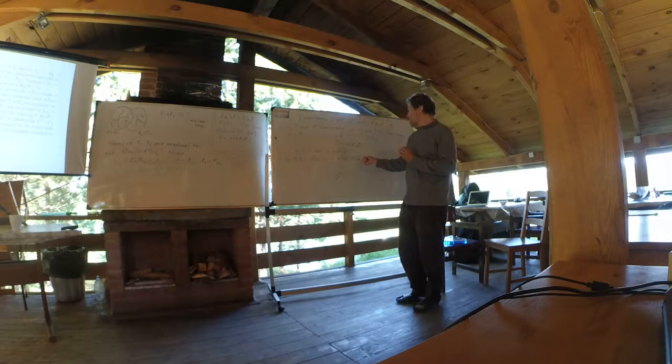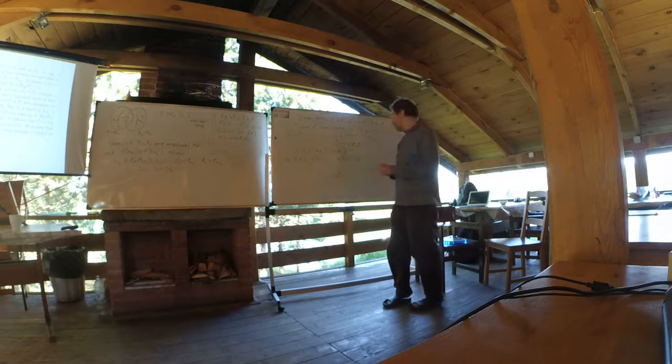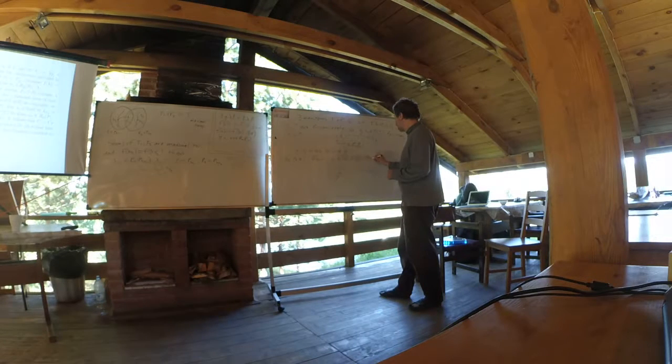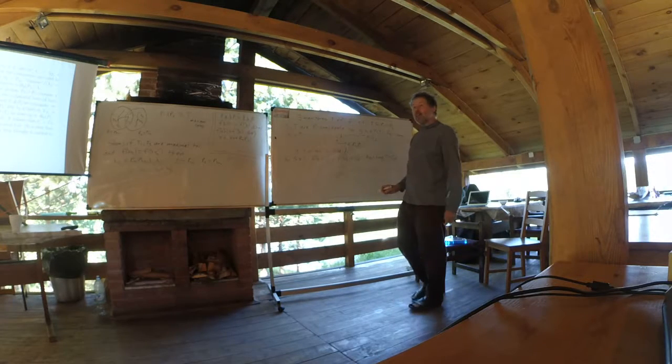And now observe that c is the largest value that f can possibly take on Y_R of T. Why is that? That's because c is the global maximum of f on the whole of Y_R of G. So certainly it will be the maximum on this subset. We must have c as the max over Y_R of T. Right? This is the largest value that the function can possibly take anywhere. Therefore, in particular, it's equal to the maximum on Y_R of T.